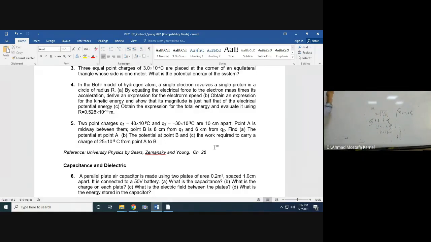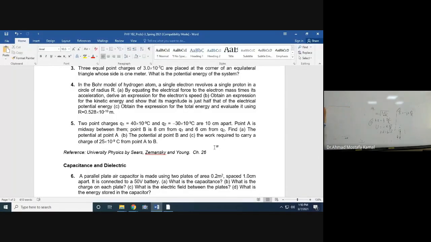Two charges are 10 centimeter apart, and don't forget to convert this 10 centimeter into meter. Okay, say A. It is said that two charges are 10 centimeter apart.